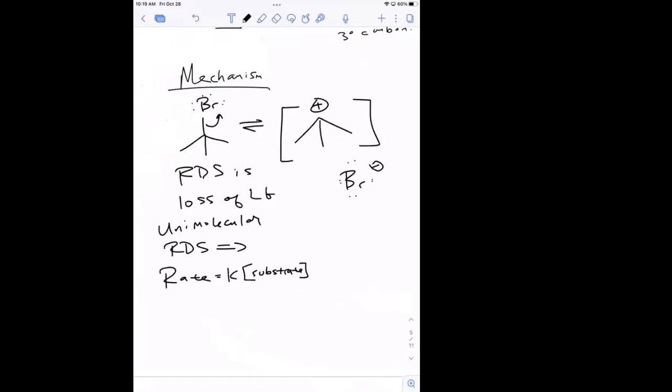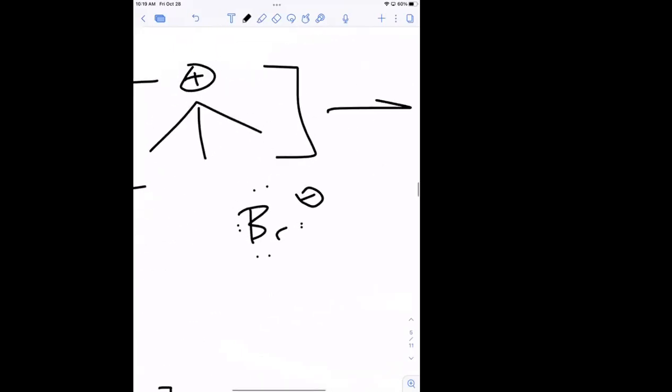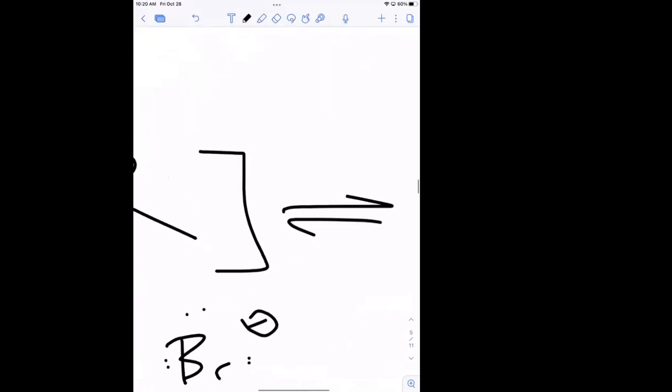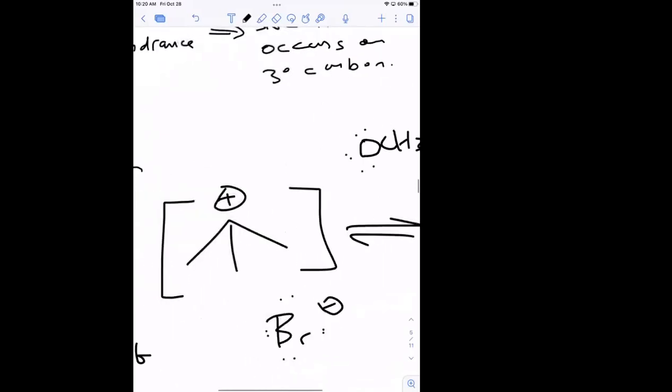The first step is rate determinant. And then in the second step, that's where you have the attack of your nucleophile. So the OCH3 is coming in here. Give me my product.